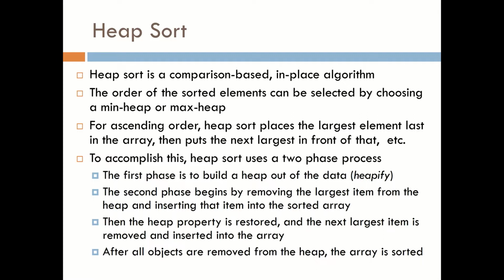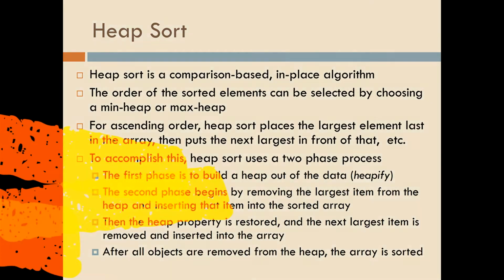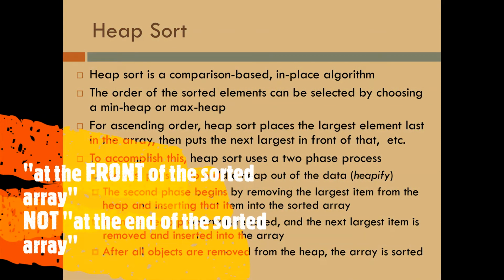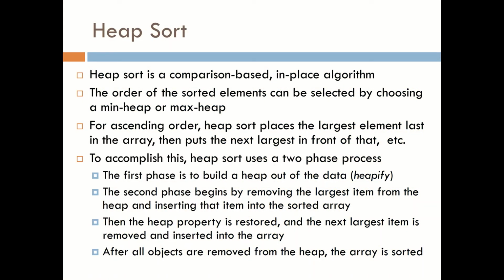And then the second phase begins by continually dequeuing the largest item and inserting it into the sorted array at the end of the sorted array, and then restoring the heap order property, and then carrying out the next dequeue until the heap portion of the array is empty and all we have is the sorted array.